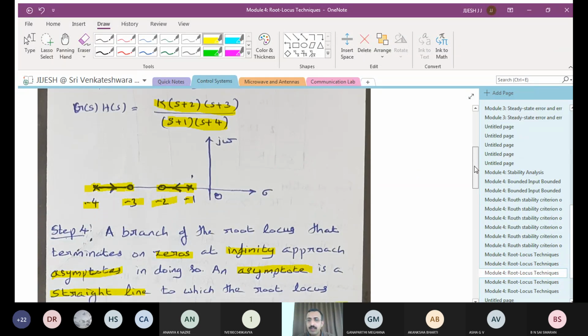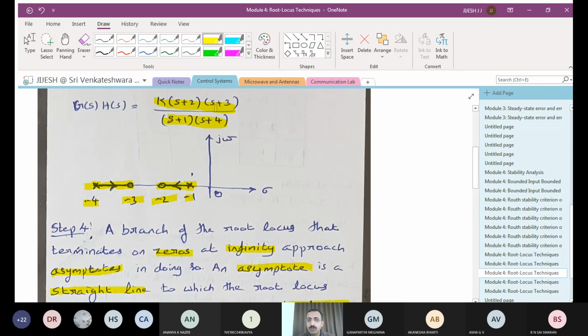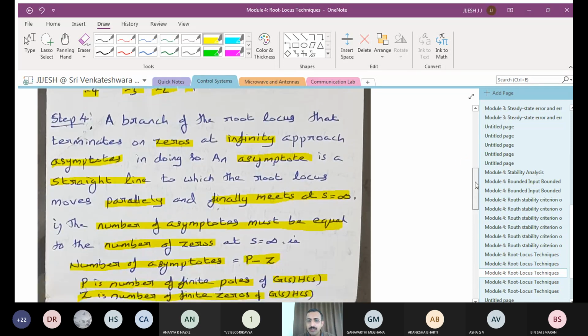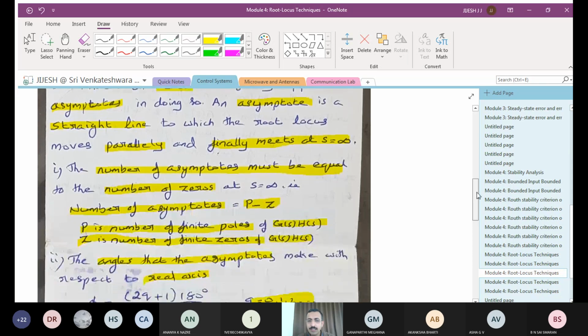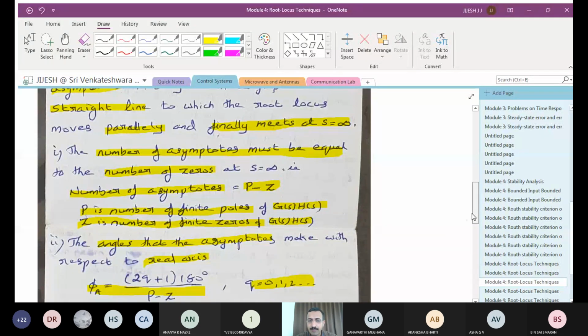In this example there are 2 poles and 2 zeros. You can substitute in the relevant equations P minus Z to find the number of asymptotes. Similarly, you can find the angle phi as well.